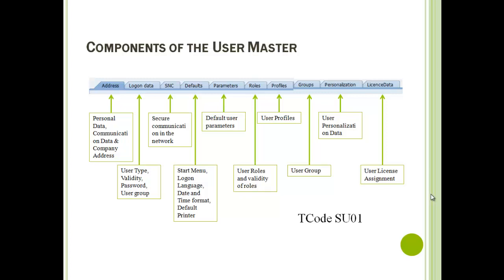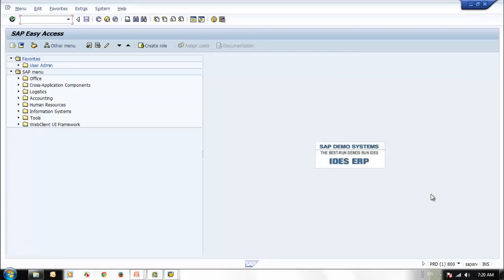But in general, we want to know what the authorization objects are. Let's check in our system using SU24 what authorization objects are required. Let's go to our system. Okay, here is our system.